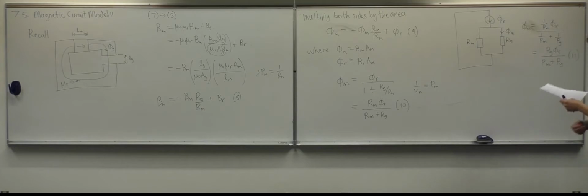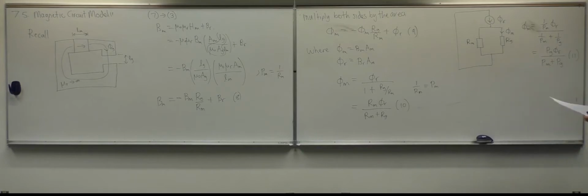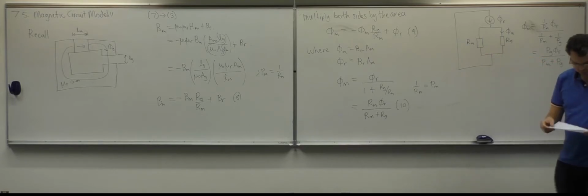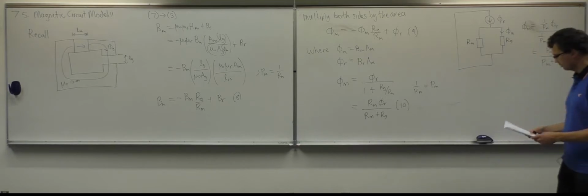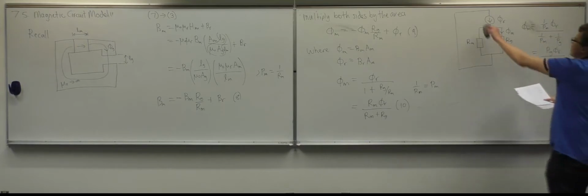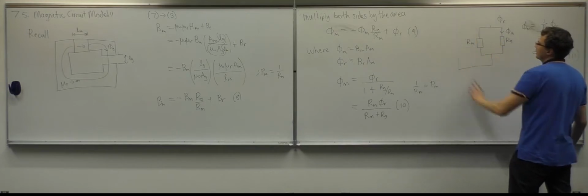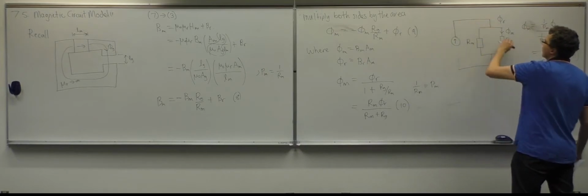Okay, now if we look at this, I think this looks kind of clear, right? That the flux splits up. But it would be better if we could rearrange this. So if you just think about this, we can take this current source, well, flux source, sorry, and move it like that.